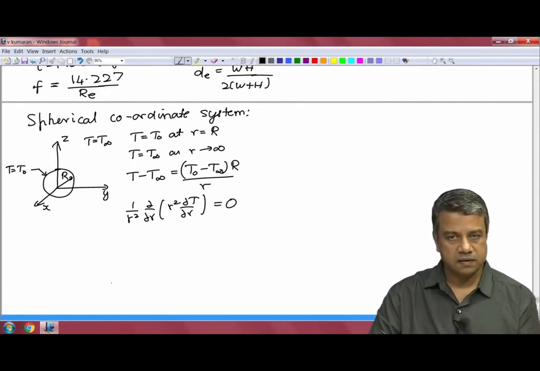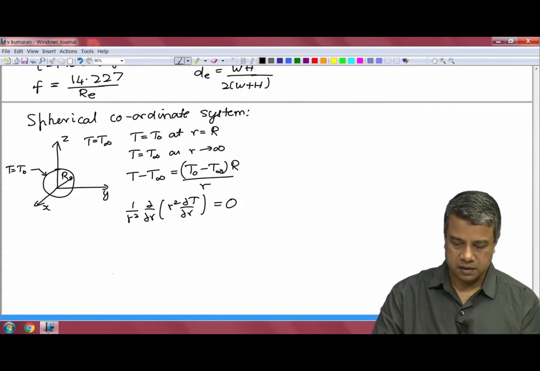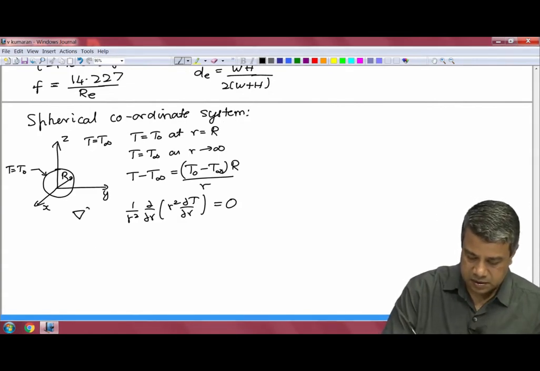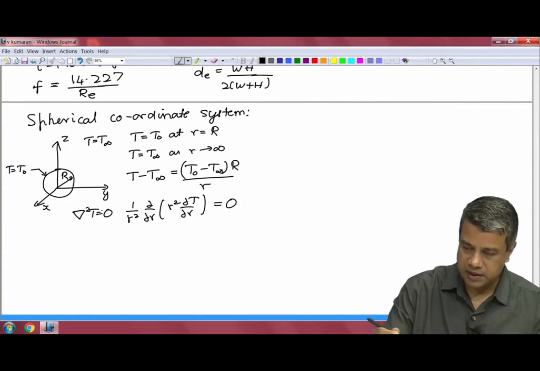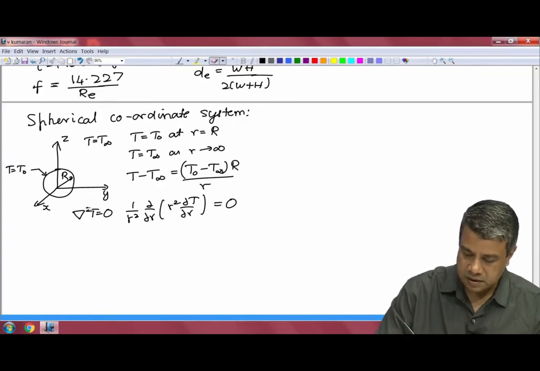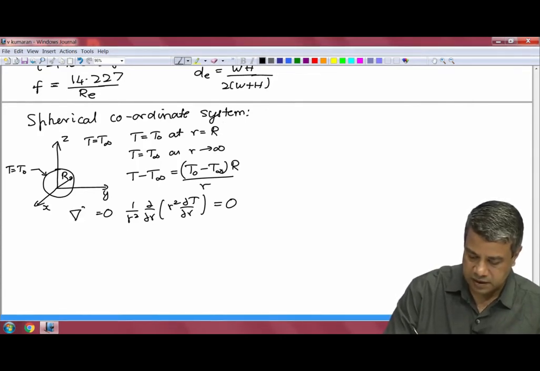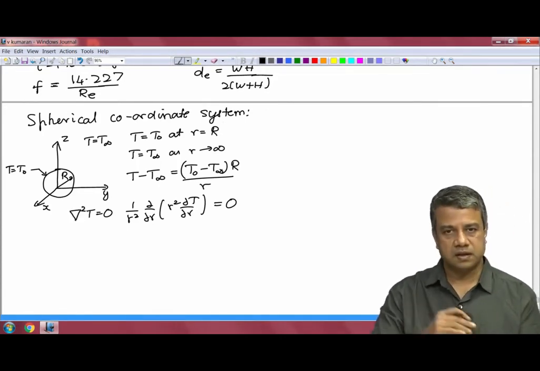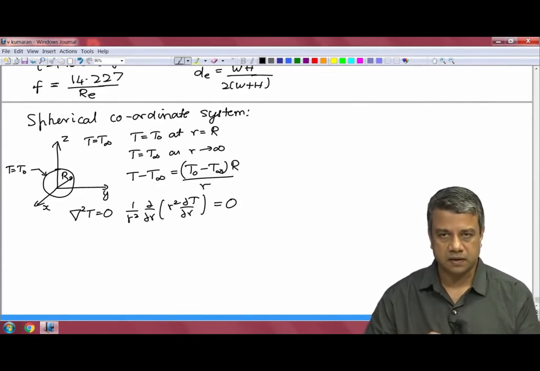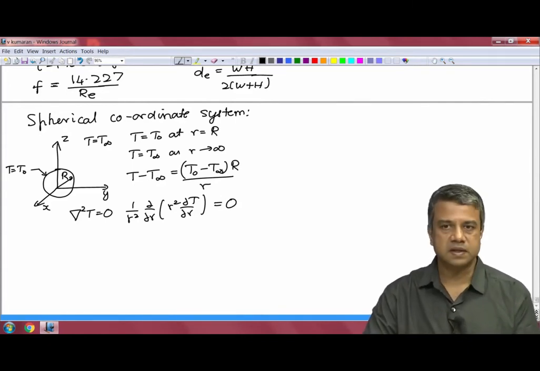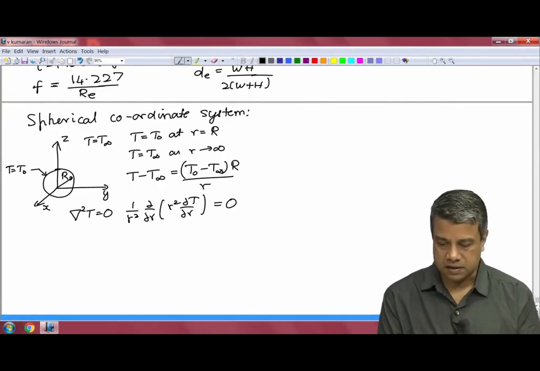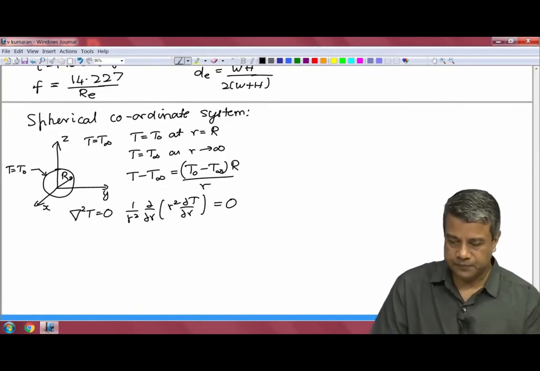This is the spherical coordinate Laplacian, del squared T equal to 0. In spherical coordinates, for a spherically symmetric system, the temperature varies only in r and does not vary with angle on the spherical surface. So, this was the solution.